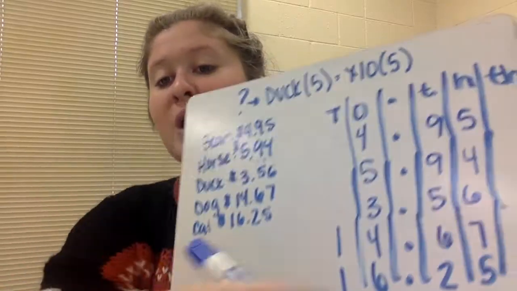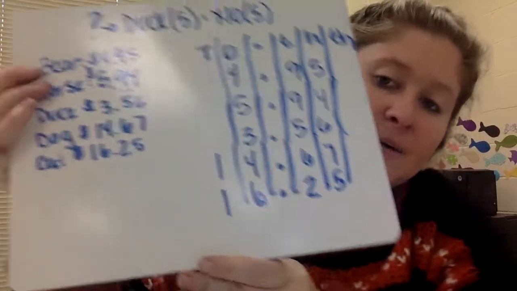Horse, 9 ones, decimal, 9 tenths, 4 hundredths. Duck, 3 ones, decimal, 5 tenths, 6 hundredths. The dog, 1 ten, 4 ones, a decimal, 6 tenths, 7 hundredths. The cat, 1 ten, 6 ones, decimal, 2 tenths, 5 hundredths. So now they're all lined up so it's easy to see them.